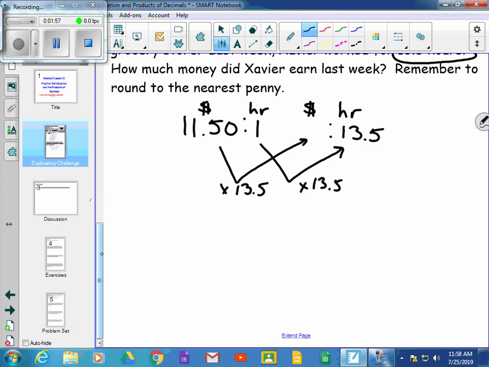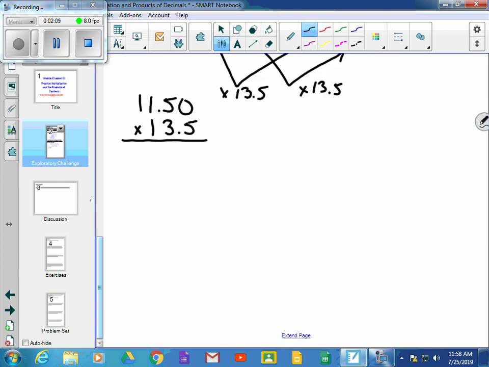Now at that point, we can go ahead and set up our multiplication problem involving decimals. Remember, you don't have to line up decimal points. You can deal with the decimal points at the end. We're going to treat this first as multiplying 1,150 times 135, and then we're going to put the decimal point in our final answer.